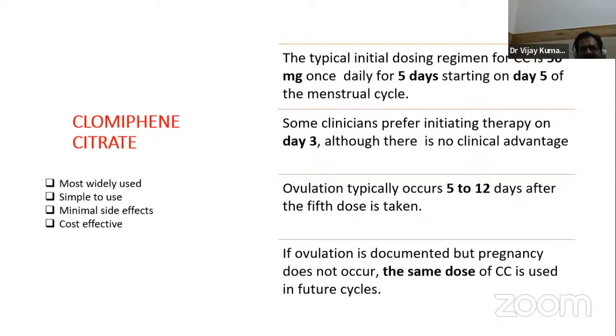Thereby we can monitor follicular development, as well as confirm whether the woman is ovulating or not. Suppose with the 50 milligram dosage the woman is ovulating, then although she doesn't conceive in the present cycle, in the next cycle the same dosage, 50 milligram, has to be continued for about 3 to 6 cycles, as long as she has evidence of ovulation by follicular scan.